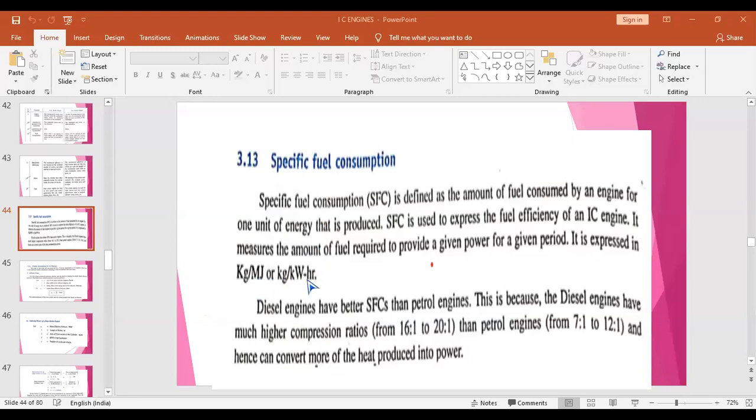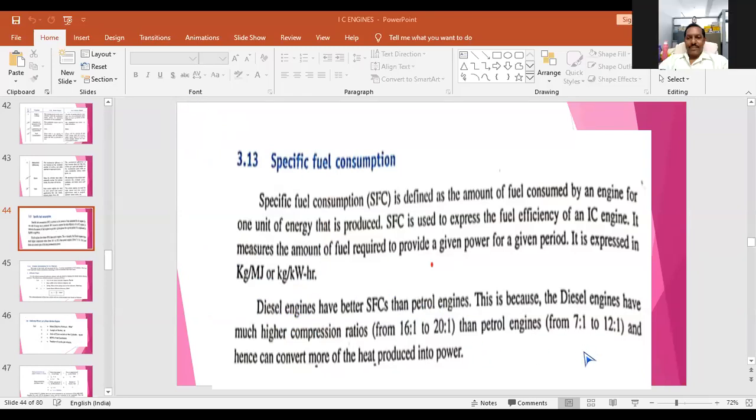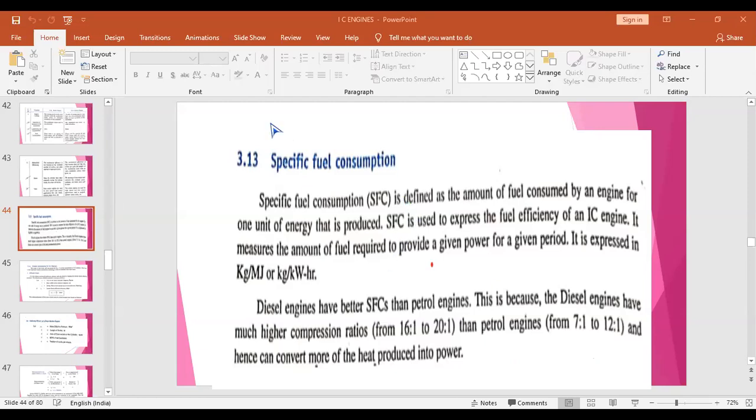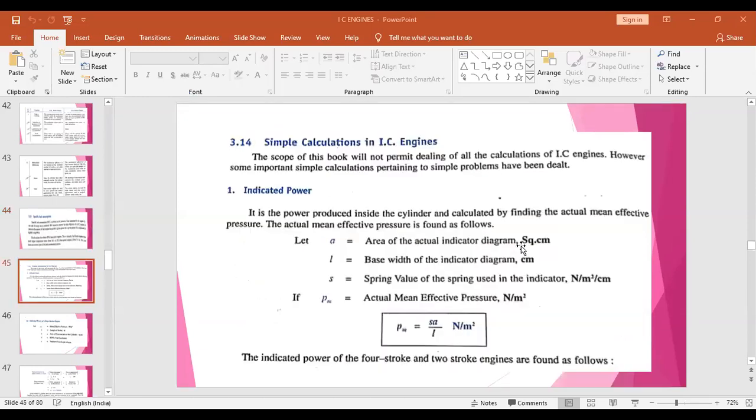See, usually the diesel engines have the compression ratio 16 to 1 or 20 to 1, and the petrol engines 7 to 1 and 12 to 1. That is, for 1 unit of energy produced, how much fuel is consumed? That is called specific fuel consumption.